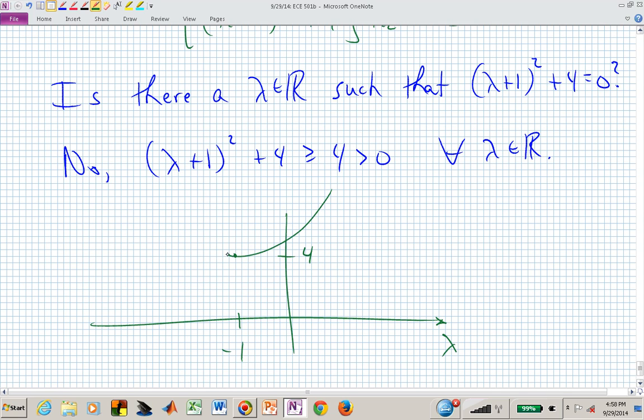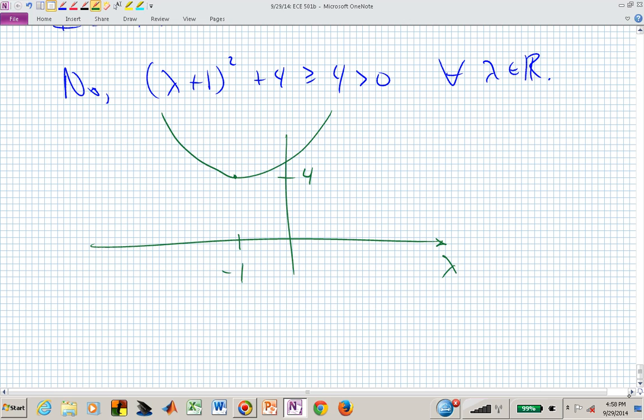And beyond that, or away from minus 1, we're just going up. We're never crossing the horizontal axis with that particular expression for lambda. The quantity lambda plus 1 squared plus 4 equals 0 does not have any real roots.